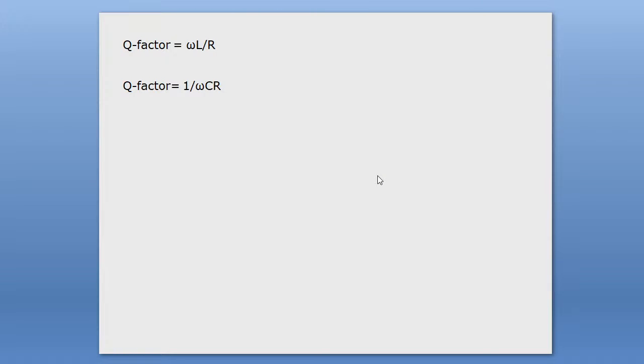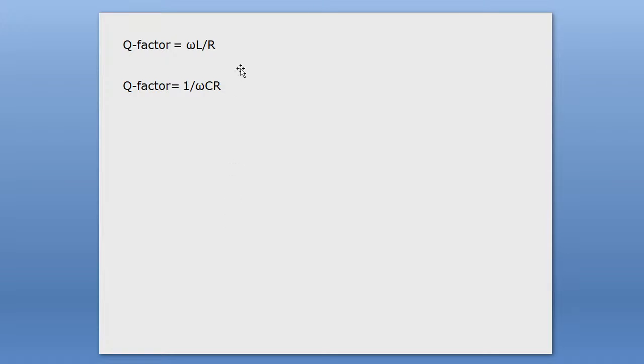Okay, generally we can write the voltage across capacitor and inductor at resonance is equal to Q factor times the supply voltage. That's why this circuit is known as voltage magnification circuit.